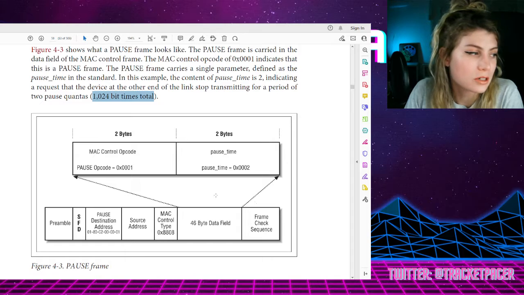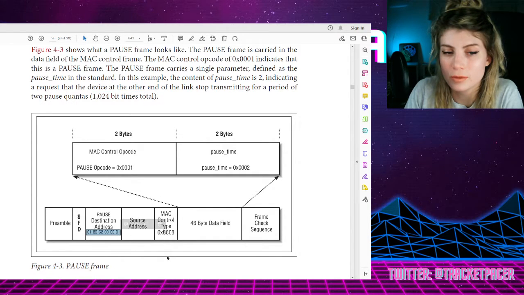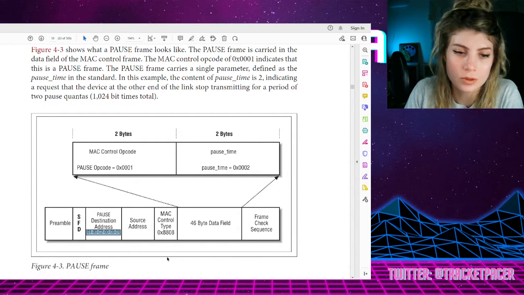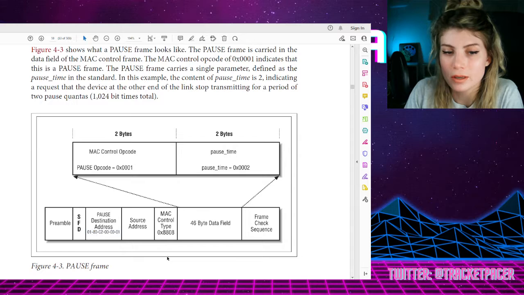Okay, so here, yeah, this is actually a nice little diagram because we have our destination multicast as they said it would be defined, right? 01-80-C2-00-00-01. And then we've got 8808 as our control type in the type field. And then in our data field, we've got our pause opcode, and then the pause time defined right after that.